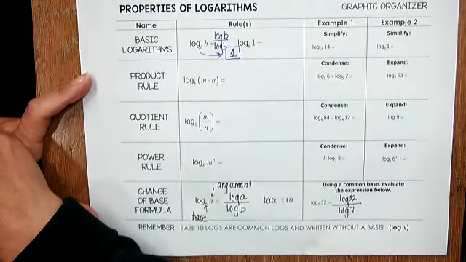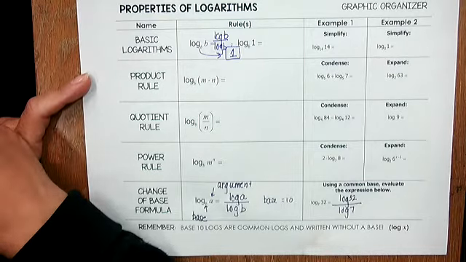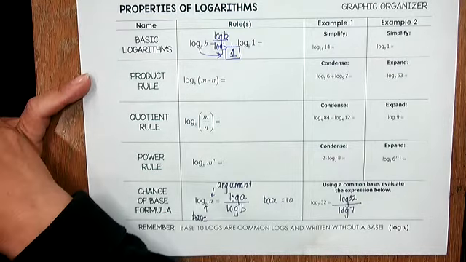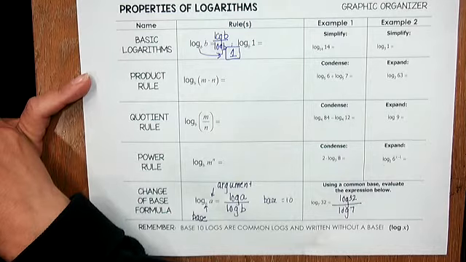So the log base B of B is 1. The log base A of A is 1. The log base C of C is 1. The log base purple of purple is 1.